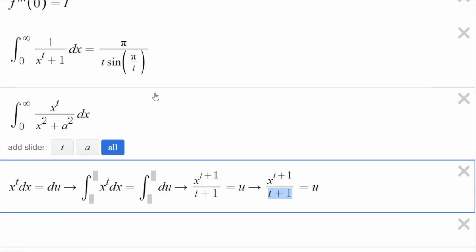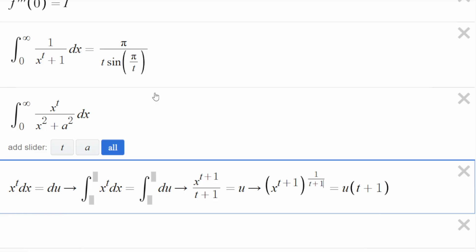Now we're going to multiply both sides by t plus 1, and then raise both sides to the 1 over t plus 1 power. That was to isolate this x right here. So we get u to the 1 over t plus 1 times t plus 1 to the 1 over t plus 1. And of course, we made this so that it would simply be x.